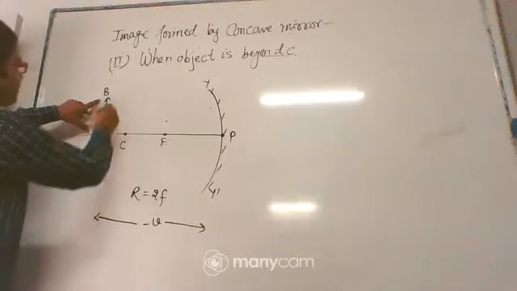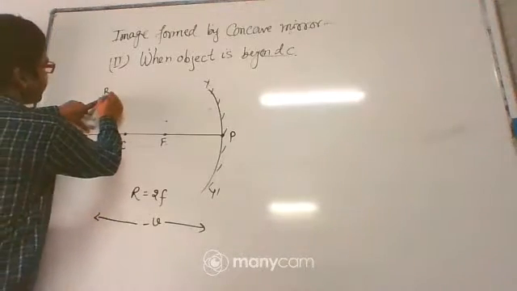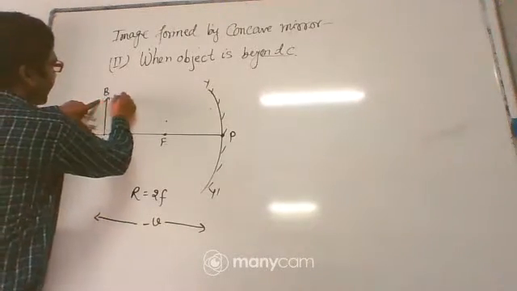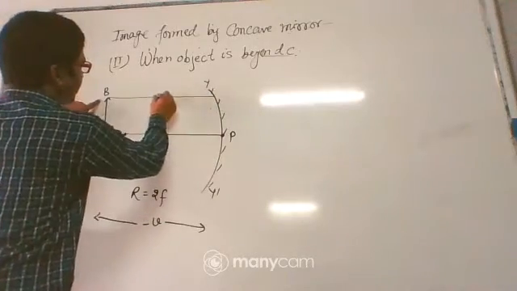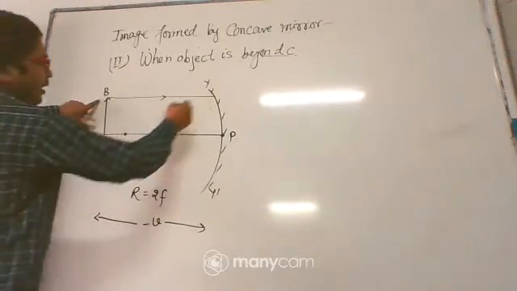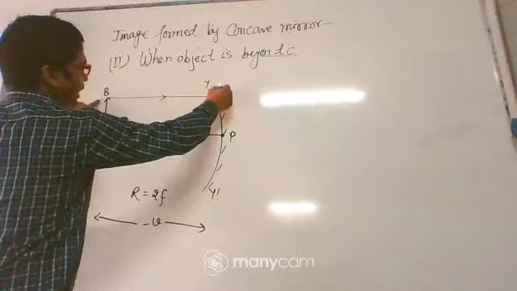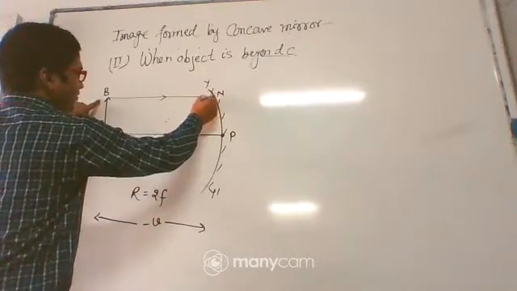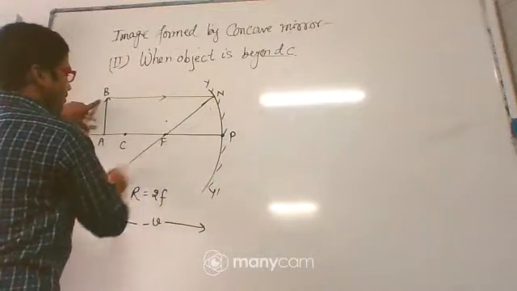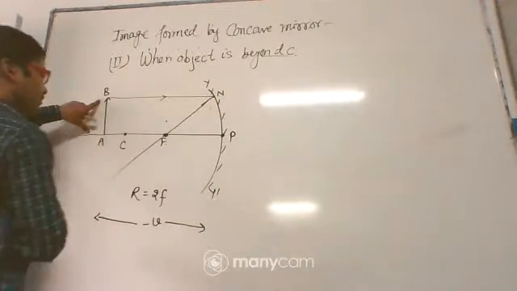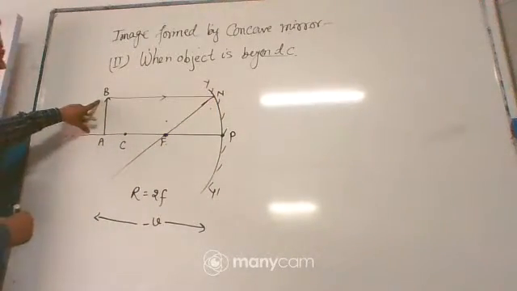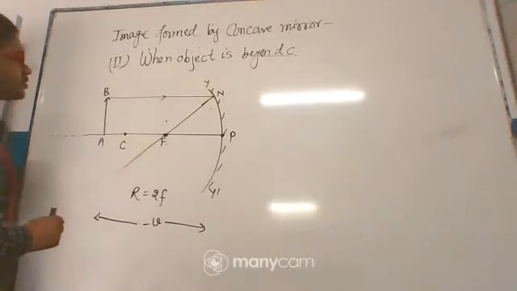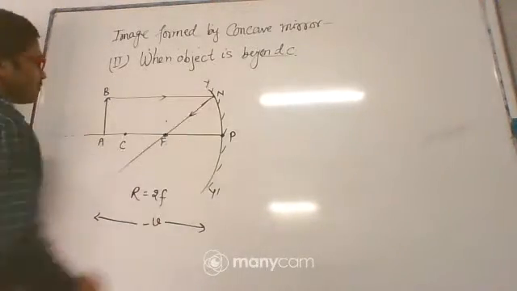When light ray is passing parallel to the principal axis and reflects from some point N on the reflecting surface, it intersects the point F on the principal axis, because this one is the focus according to the definition of the focus.